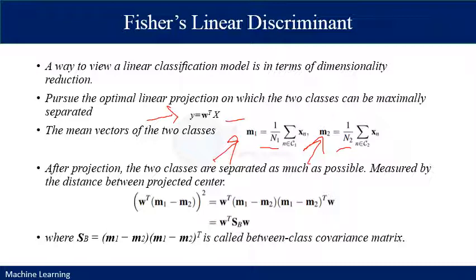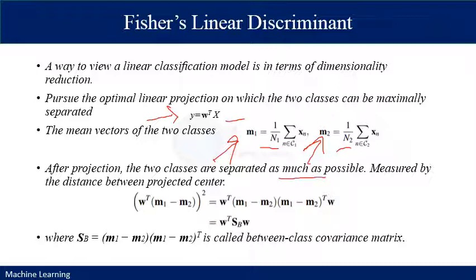So once we differentiate between different class examples and then project those onto the linear classifier, after the projection the two classes are separated as much as possible.